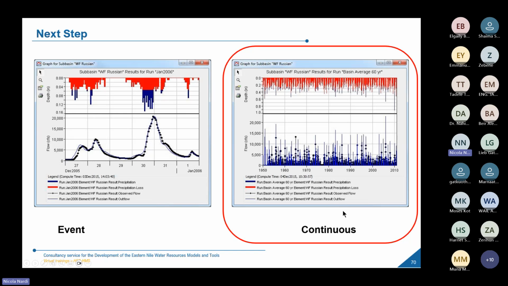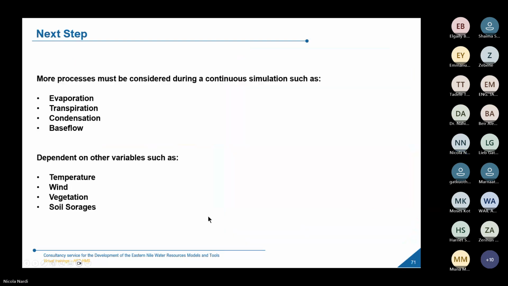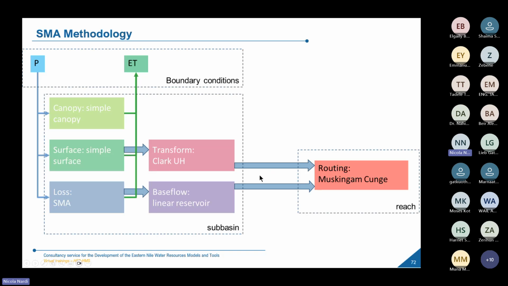We will try to perform a continuous simulation. Continuous simulation that, as I have already told you, considers different processes, more processes, such as the evaporation, the transpiration, and so on and so forth. And so it depends on other variables that right now, for the event simulation, and in particular, we will be using the SMA methodology.